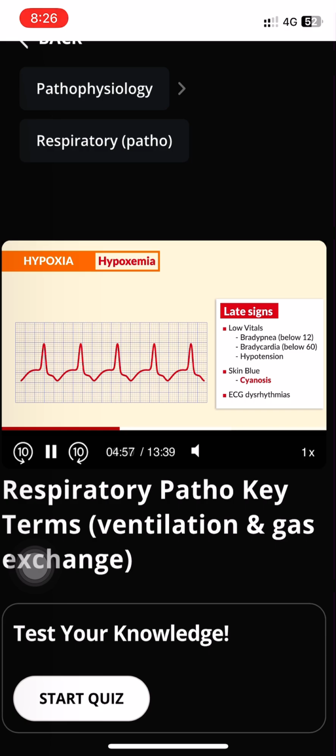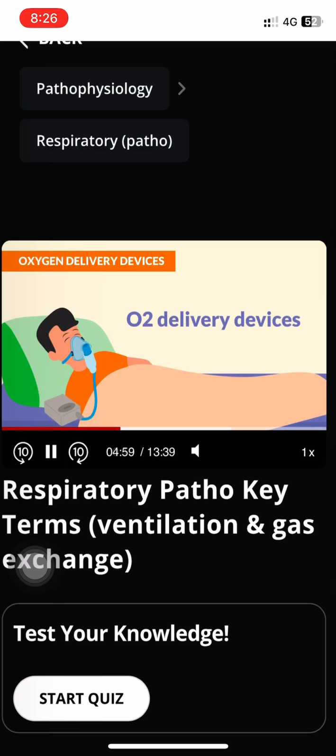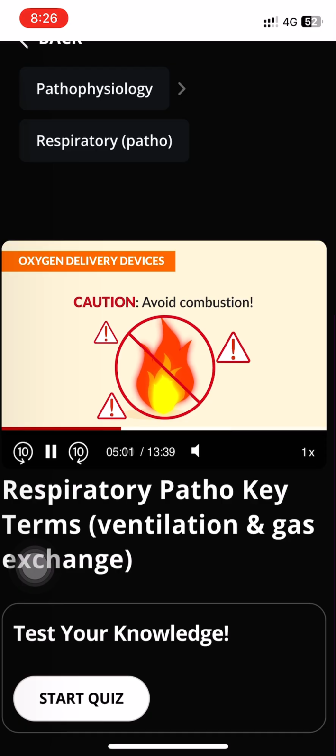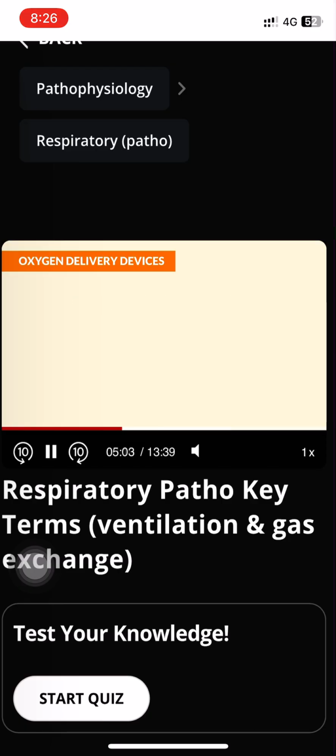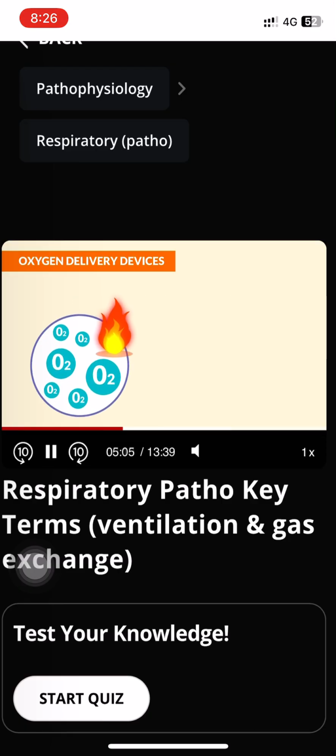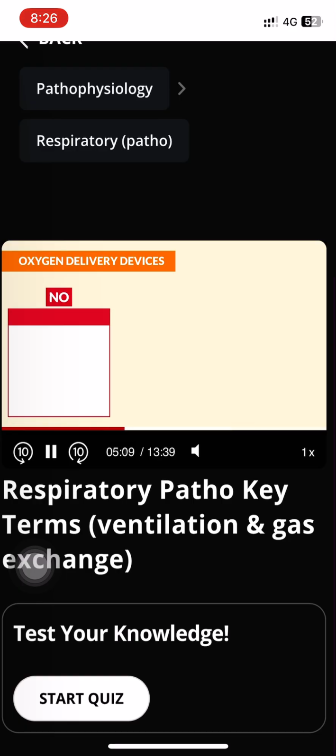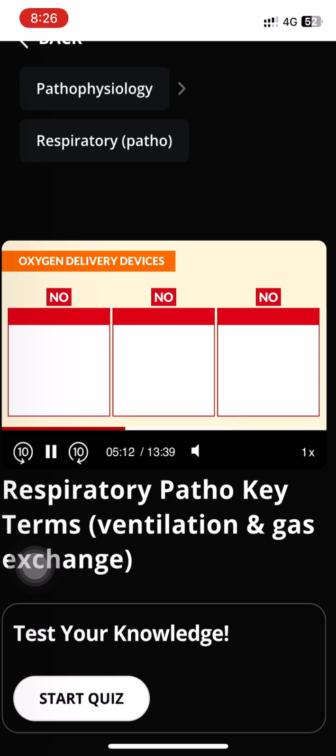Now for O2 delivery devices, the biggest caution is to avoid combustion. Oxygen is highly flammable, so keeping your patient from blowing up is a good thing. So the big no-no list on the NCLEX and most nursing exams. Number 1, no smoking. This open flame can combust in combination with oxygen.